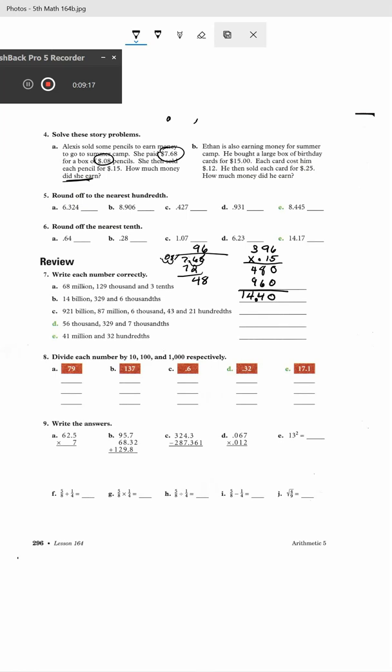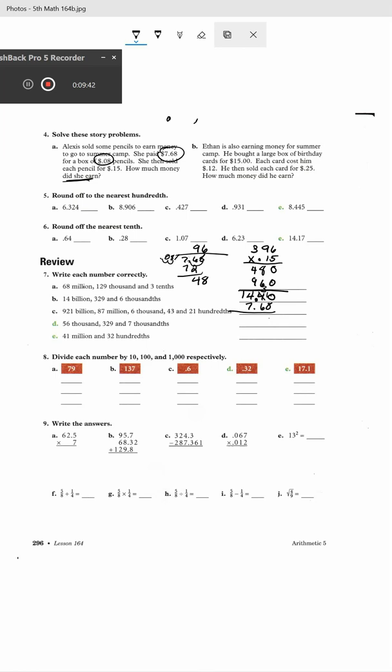I believe I need to subtract. They want her profit. And her profit will be whatever she made after you subtract out what she paid. Because you can say, oh, I made $14.40. Well, no, you didn't really, because you spent $7.68. So we have to subtract that out.